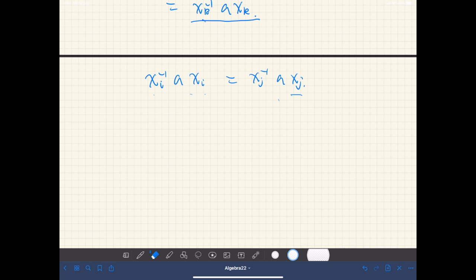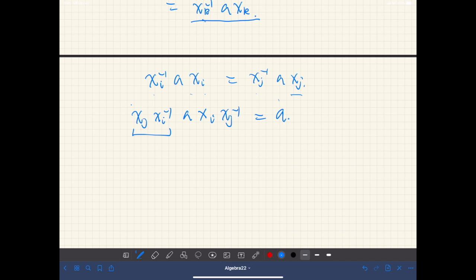Anyway, multiplying both sides by xj from the left and xj inverse from the right, we have xj xi inverse a xi xj inverse equal to a.